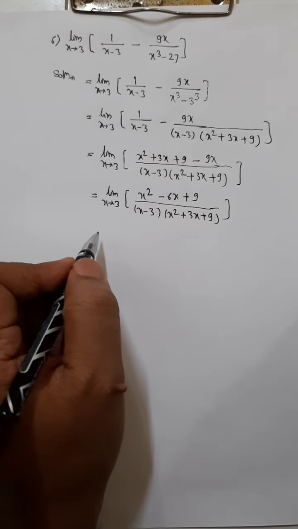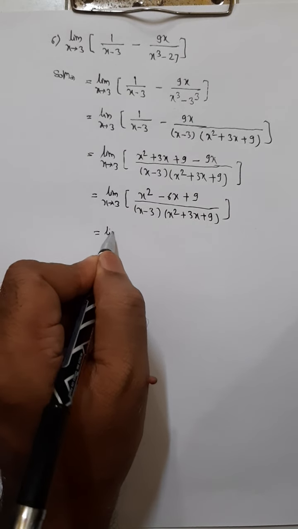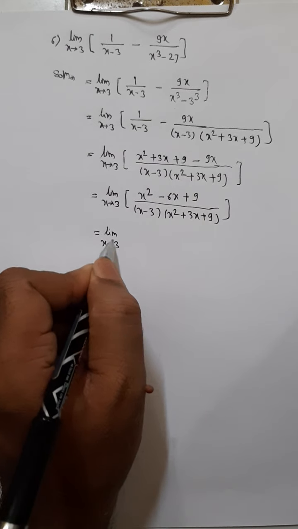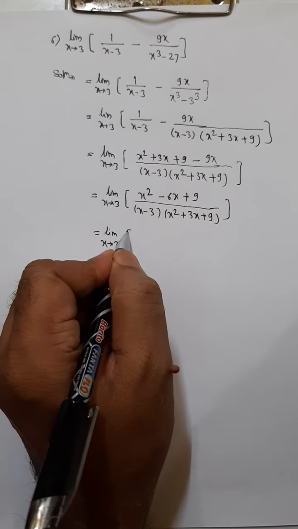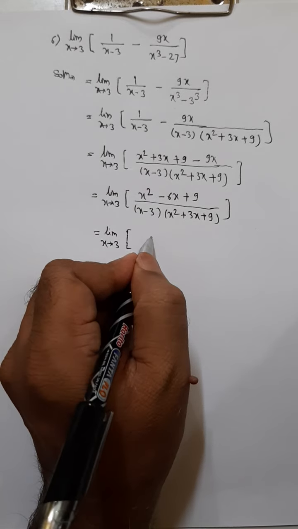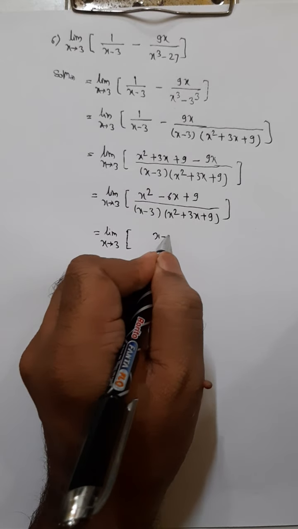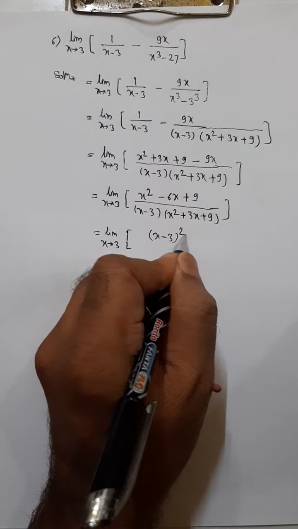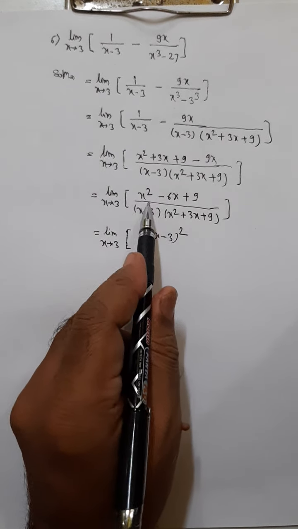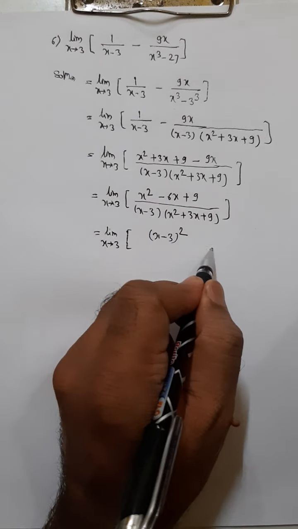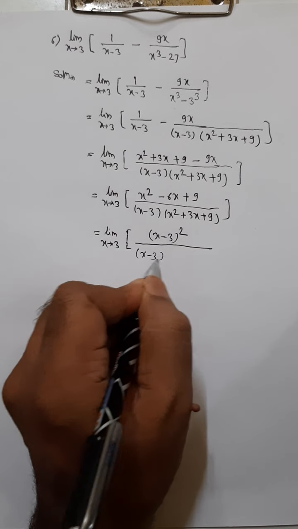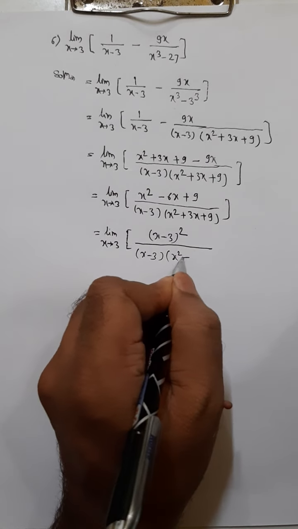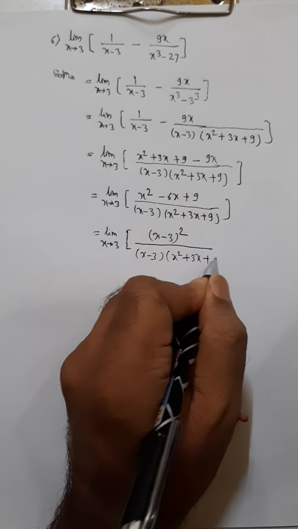Here factorize the numerator, so it is equal to limit as x tends to 3, factors x minus 3 and x minus 3, that means factors are x minus 3 square. So the expansion of x minus 3 square is nothing but x square minus 6x plus 9. Denominator same, x minus 3 into x square plus 3x plus 9.